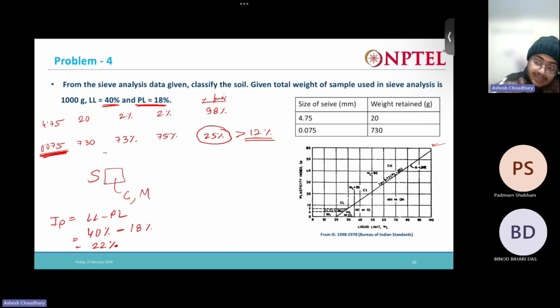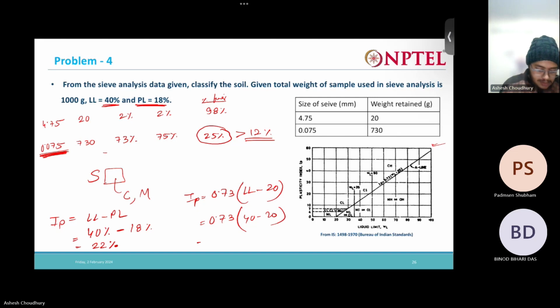Now let us find the plasticity index from this chart, from the A line. So what is the A line equation? 0.73 times liquid limit minus 20. So 0.73 times 40 minus 20. How much is it going to be? 14.6%.